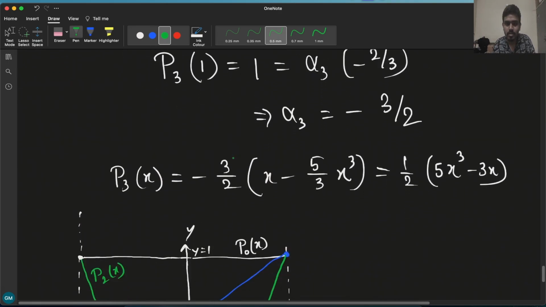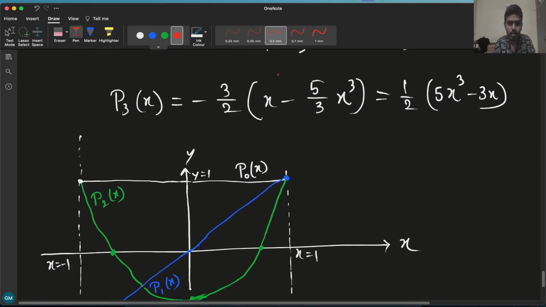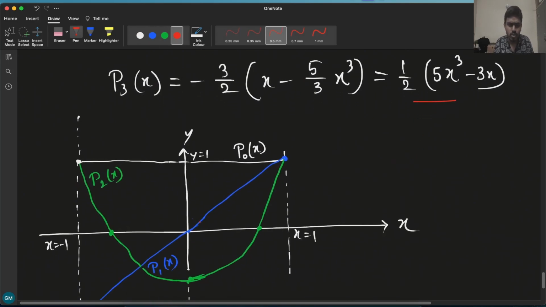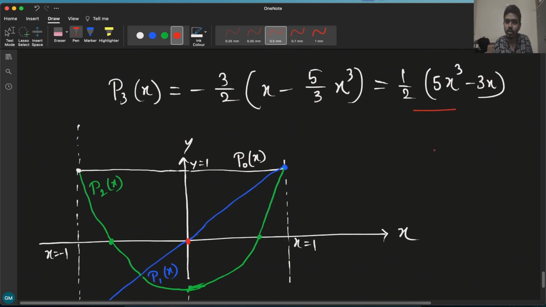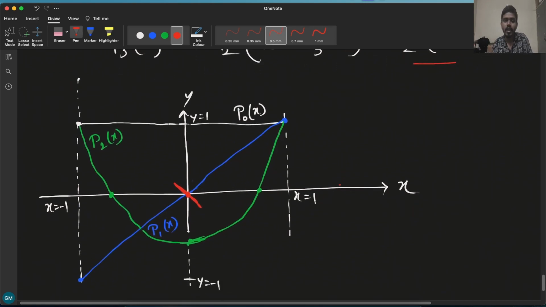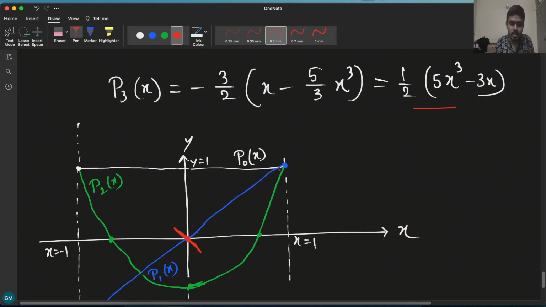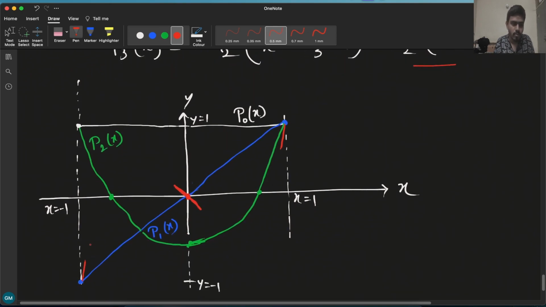Similarly for P3(x), at x equals 0 it's 0. In the neighborhood of x equals 0, x cubed will be very small, so the minus 3x will dominate. That means it looks like this. And near about plus minus 1, the x cubed will dominate, so it will look like this. Now if I connect them, it basically looks like this.